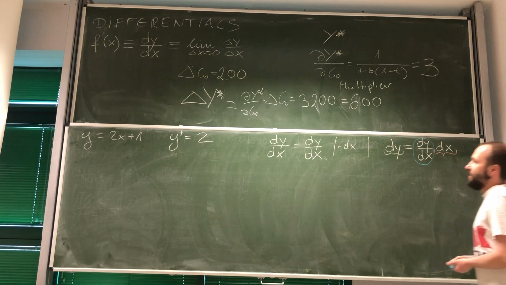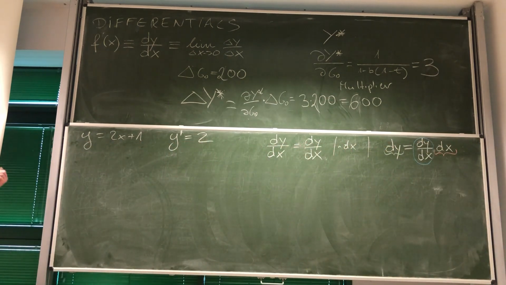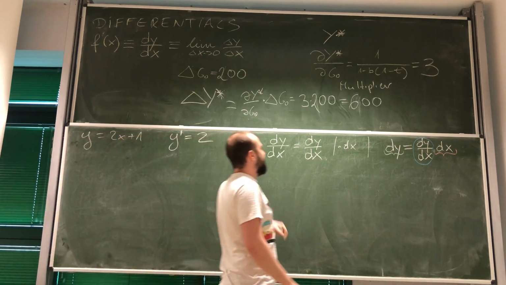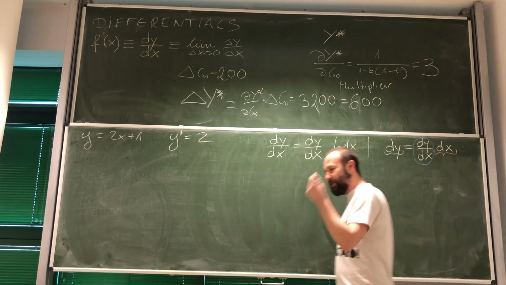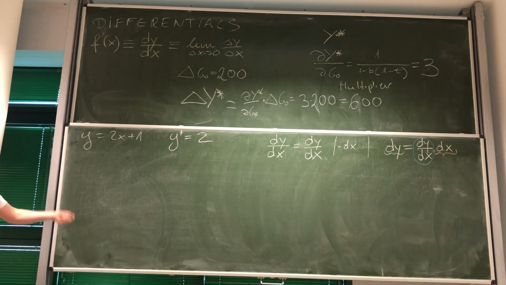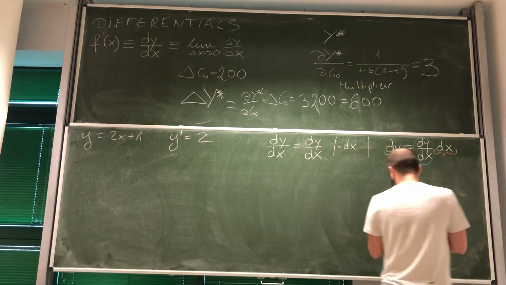However, look, in case of a linear function, as it happens to be, derivative is constant, right? Derivative is always the same, which means that if x increases by 1 unit, y increases by 2 units. If x increases by 3 units, y increases by 6 units.